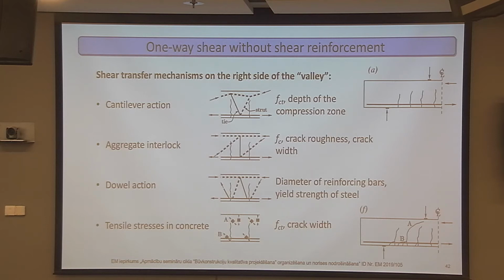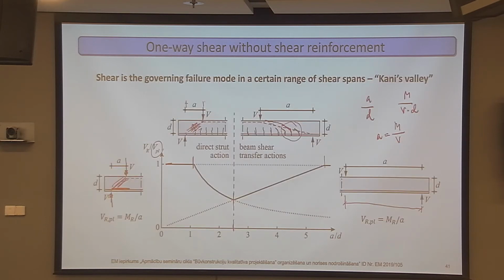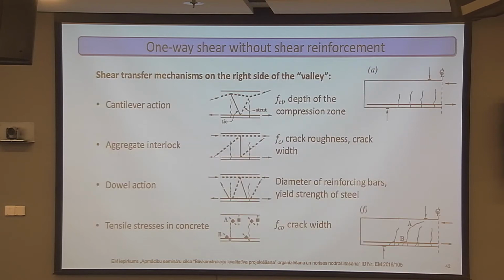So Kani tried to calculate the behavior in this region. He looked at what the actual mechanisms are, if these cracks already reach into the compression struts, by which the load can still be resisted and the forces carried.